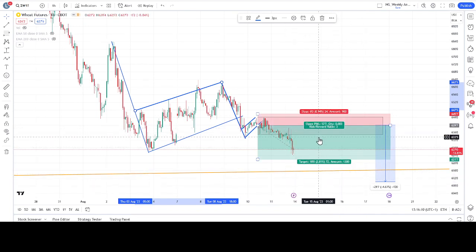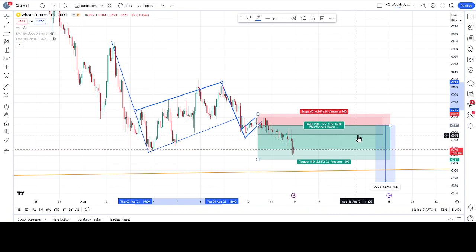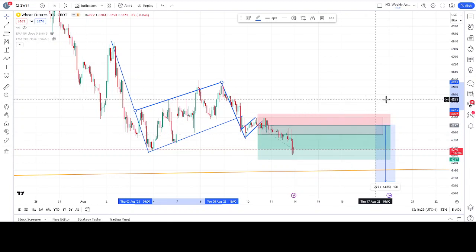So this is a weekend now, we don't know how the market is going to open on Monday, but for now the stop loss is in profit, and this to me looks like a perfect trade. That is 1:3. My conviction is very high that the prices should be going down and get our target, but we'll see how it goes on Monday, because markets are unpredictable and anything can happen.